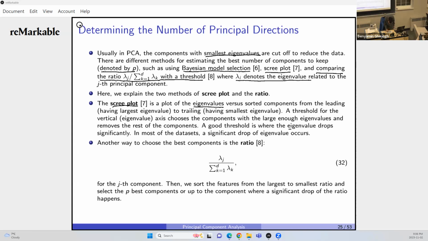A good threshold is where the eigenvalue drops significantly. Another way is to calculate this ratio: every eigenvalue divided by the summation of eigenvalues. This shows the percentage of importance of an eigenvalue compared to the other eigenvalues. So you can see which percentage is very small, and you remove them. Agree?